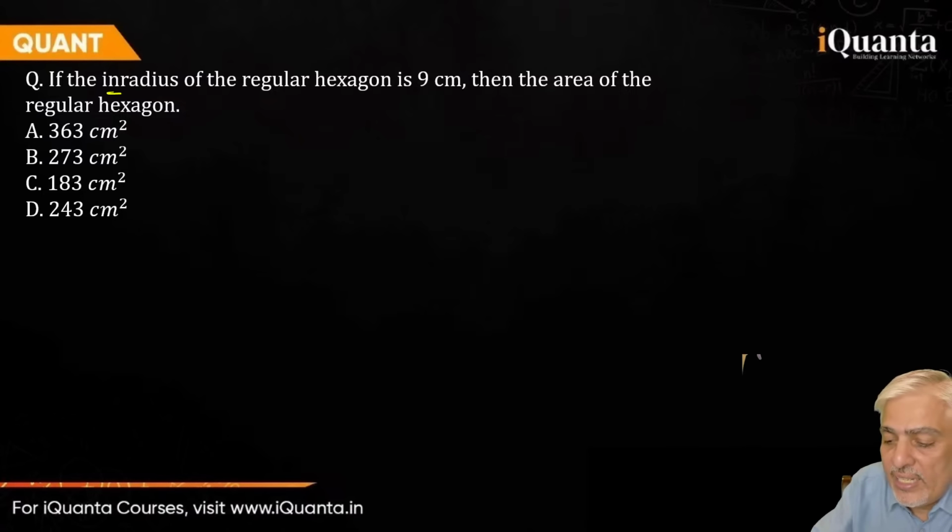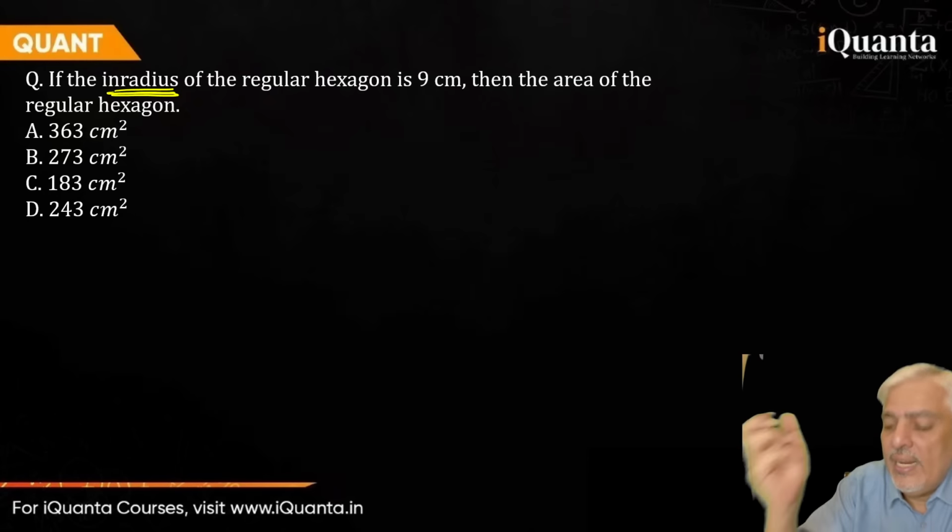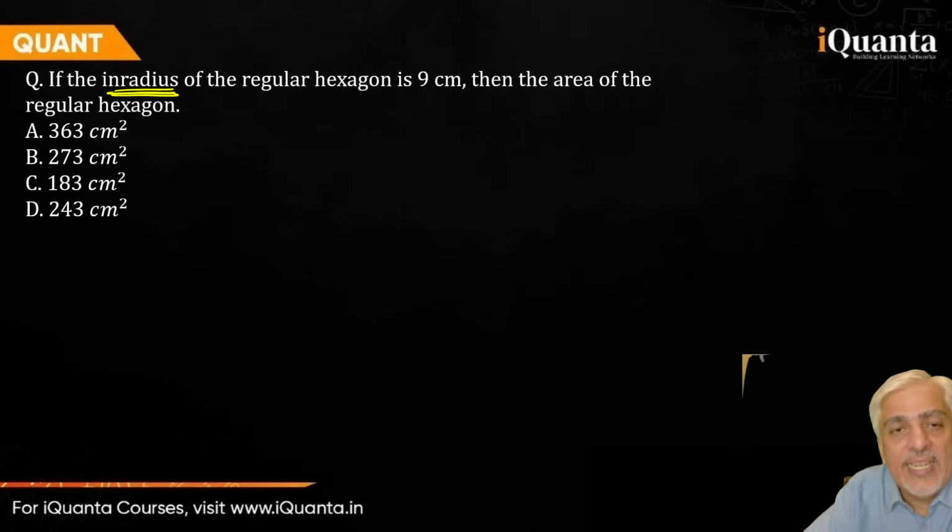Inradius of a regular hexagon. I told you also in a hexagon, the inradius is the height of the equilateral triangle. So 9 is root 3 upon 2 into side.